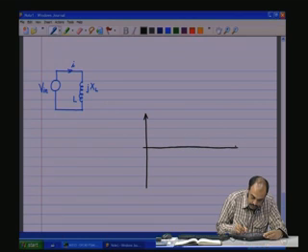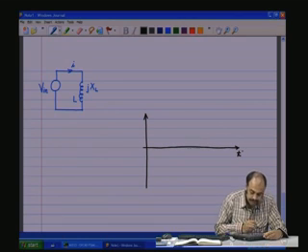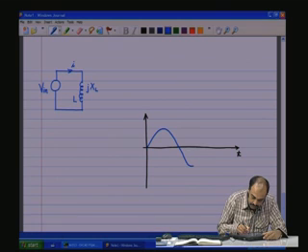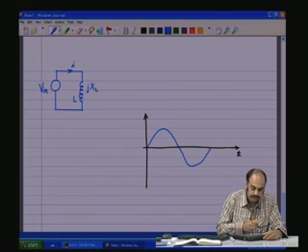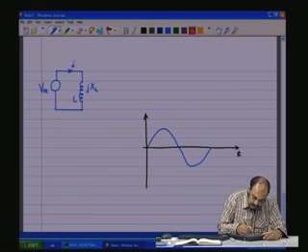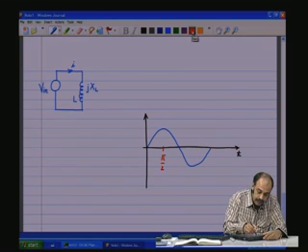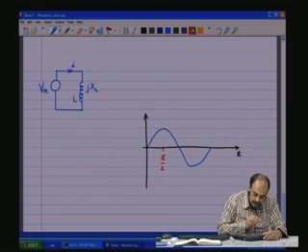Let us look at the temporal wave shape pattern of the voltage and the current for this pure inductive circuit. So, the voltage is considered as the reference waveform starting from 0 like that, and this is the 90 degrees point, or shall we say pi by 2 point. Then the current waveform is going to lag the voltage by 90 degrees.